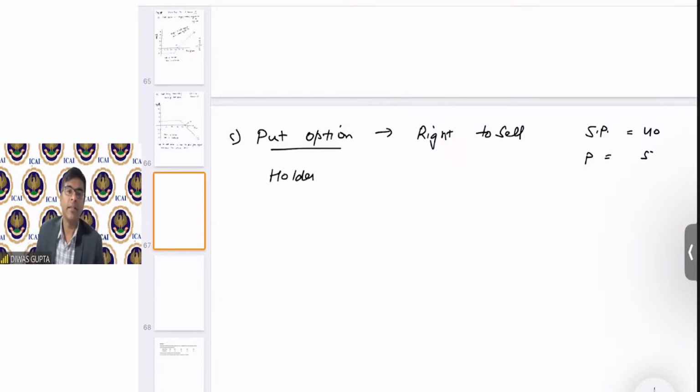party side as holder, or we can say the person who has done the long put, or we can say who is the put buyer. By whatever name we want to call it.